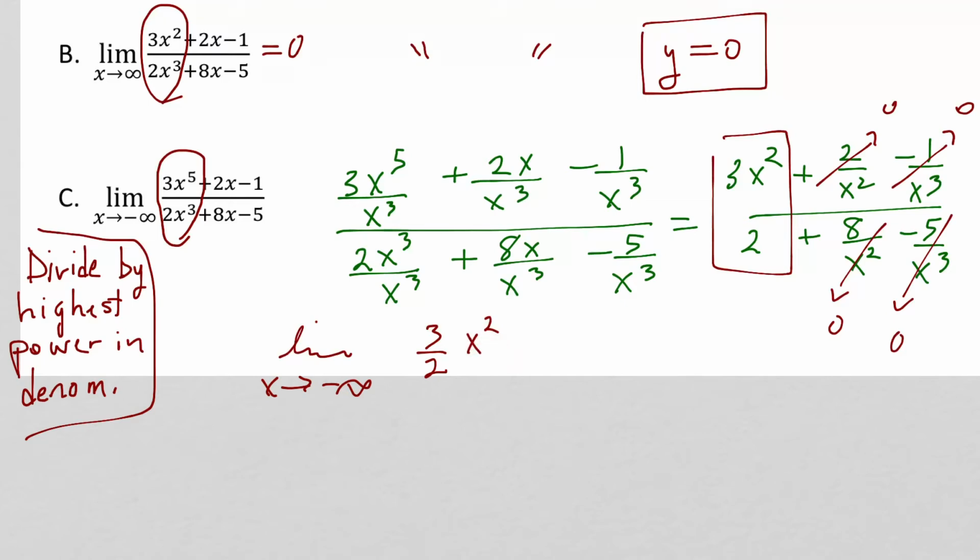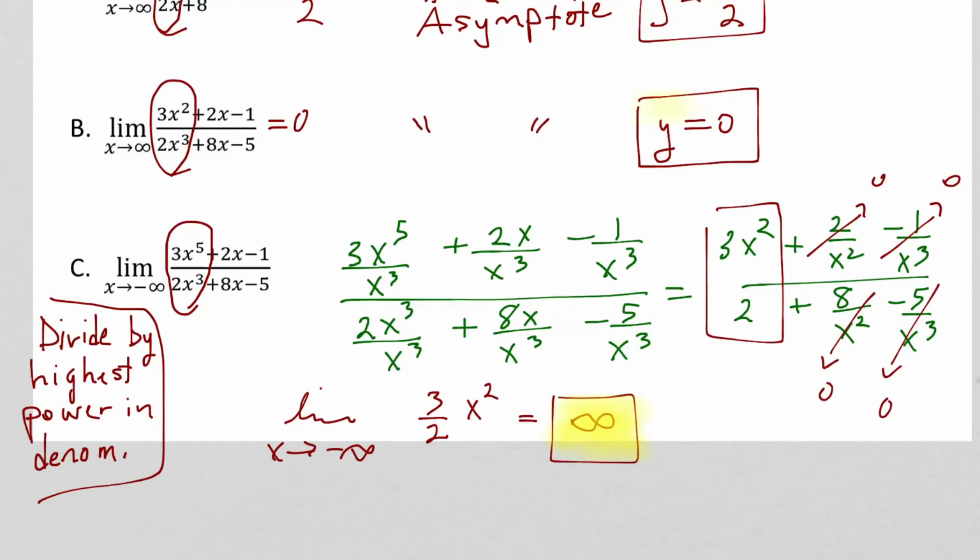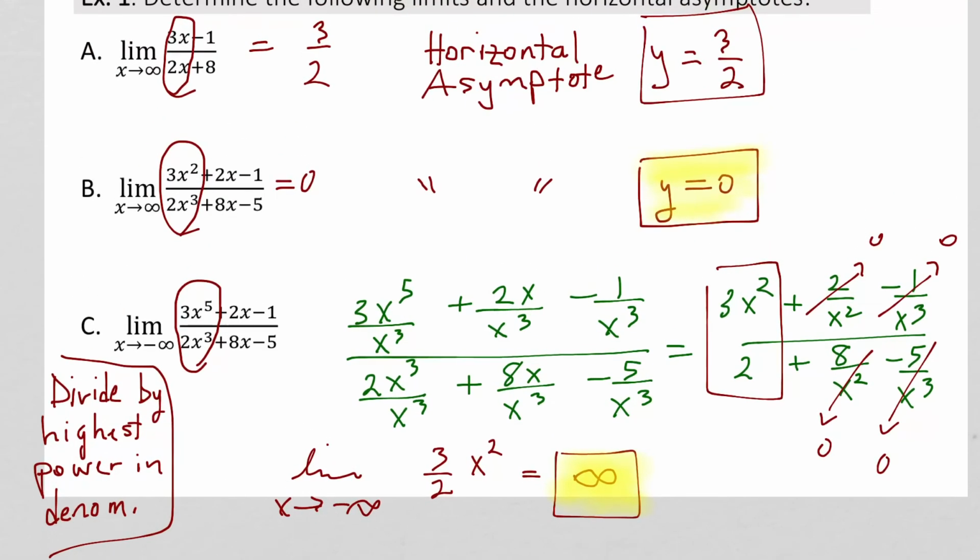So we're going to tend to infinity here, positive infinity, some very large number. So that's our limit. It approaches positive infinity.